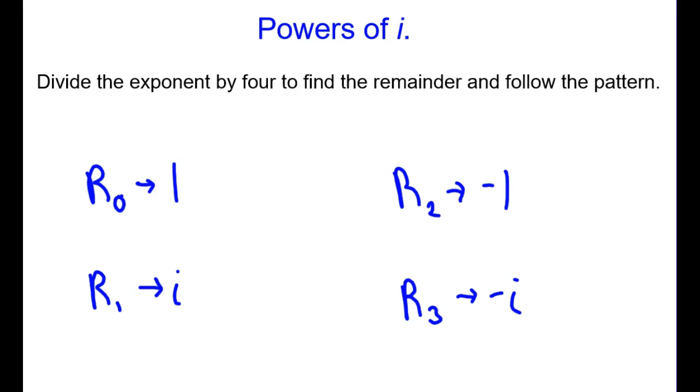If we take the power of i and divide it by 4 and look at the remainder, if our remainder is 0, then the value of that power of i is going to be equal to 1. If the remainder is 1, it's going to be equal to i. If the remainder is 2, it's going to be equal to negative 1. And if the remainder is 3, that expression is going to be equal to negative i.